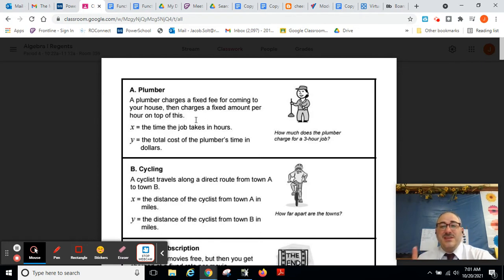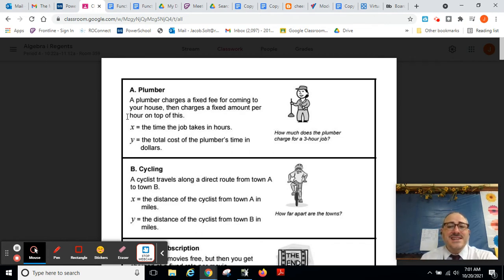And why? So it can either be linear or exponential. Why do I say linear? The fixed amount per hour. What's a fixed amount per hour? It means it's the same amount every hour. The same amount every hour is added to the cost, right?